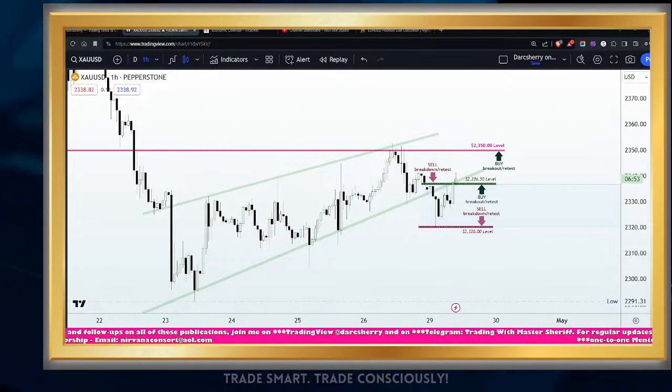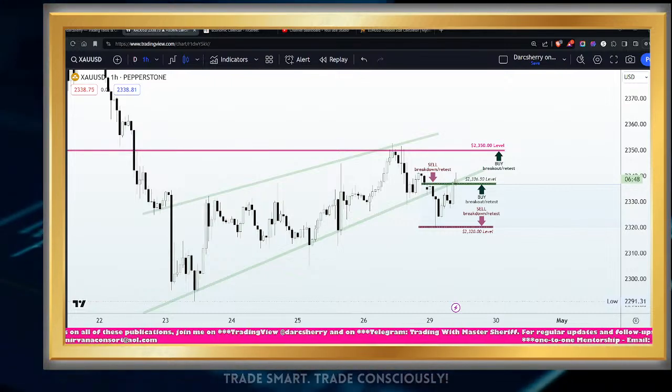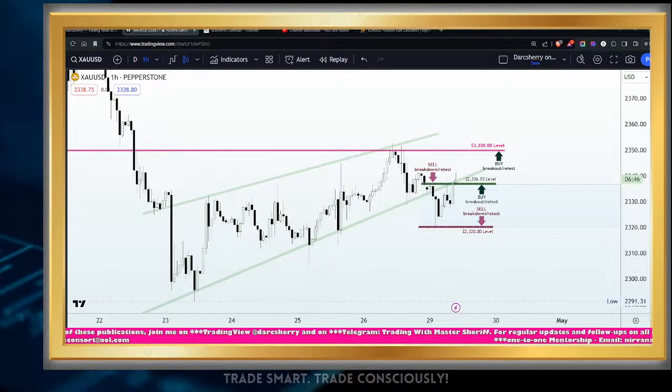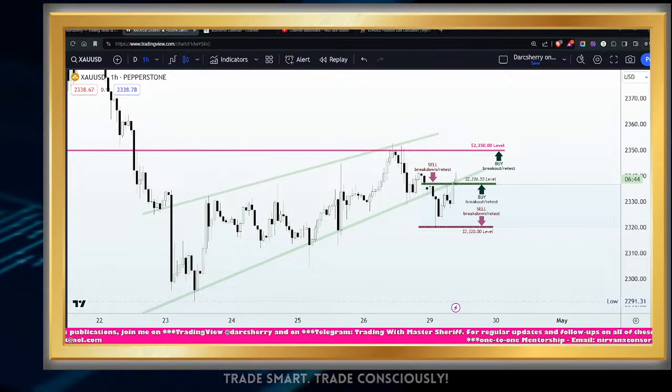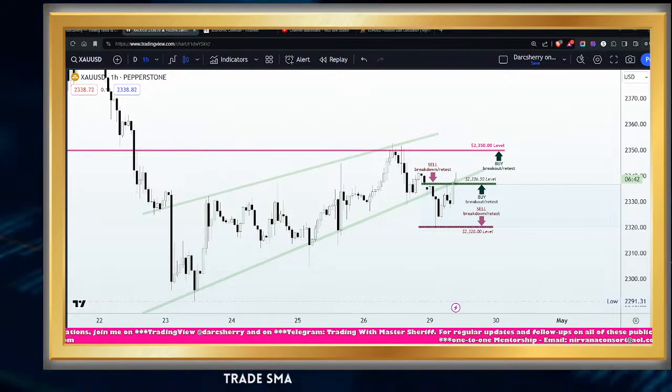Now, the release of the US core PCE data on Friday has, of course, reinforced expectation that the Federal Reserve will maintain higher interest rates for an extended period of time.